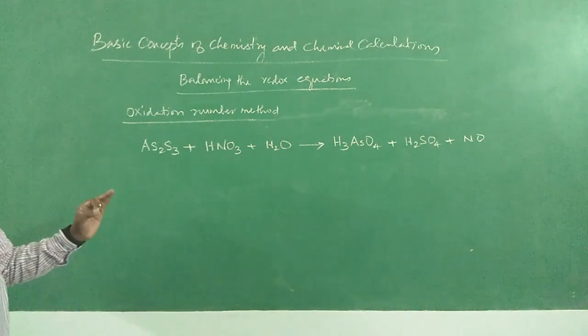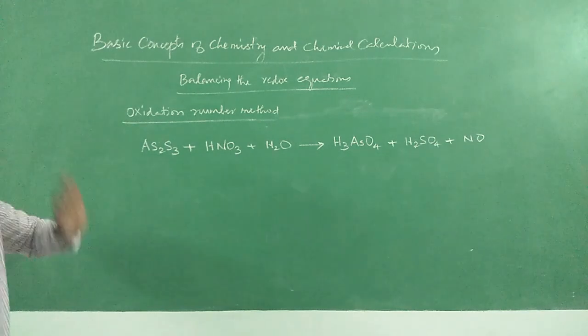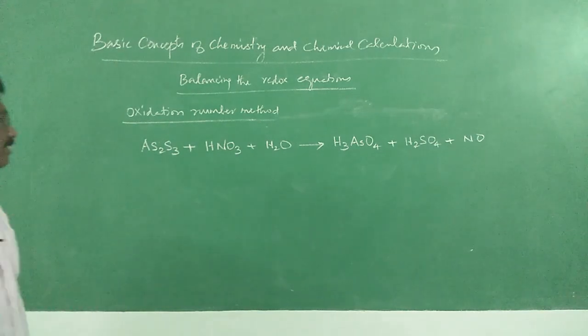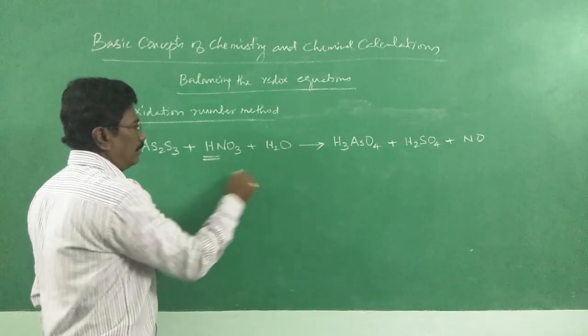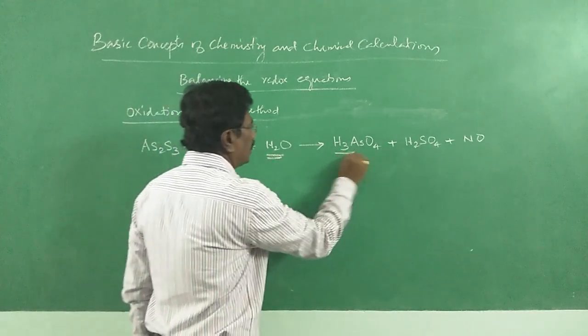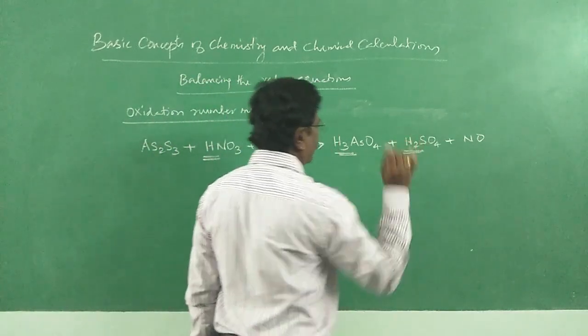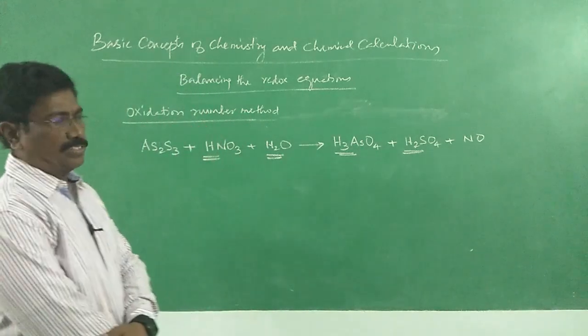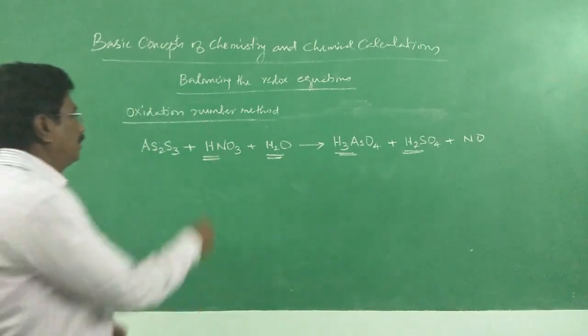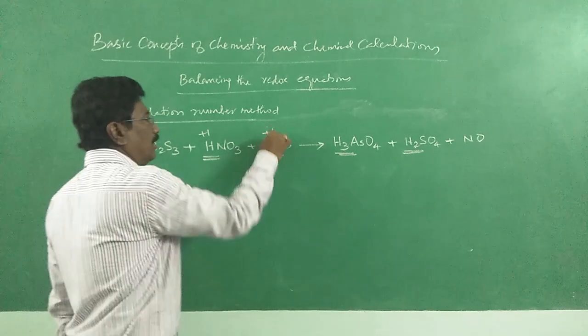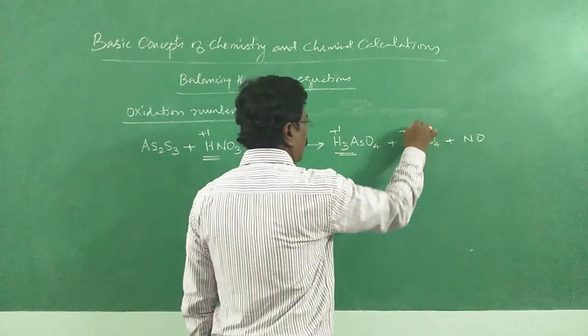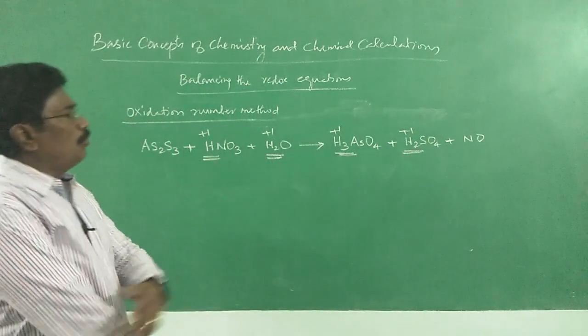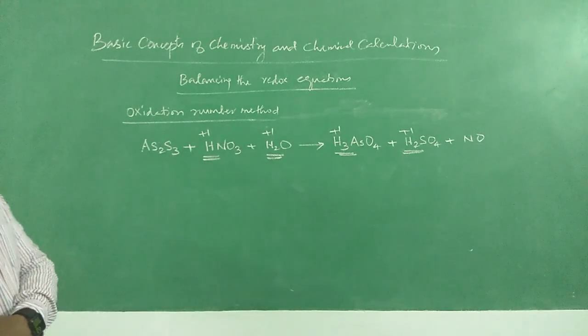Few elements remain as such without oxidation or reduction. For example, hydrogen. In all its compounds, hydrogen is in +1 oxidation state. +1, +1, +1, +1. We didn't get any peculiar hydride, metal hydride like that.